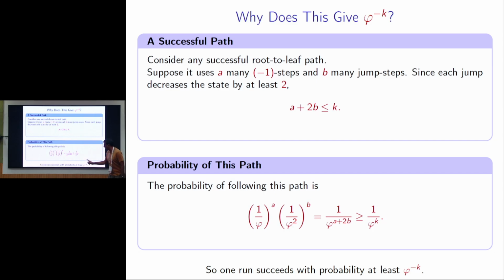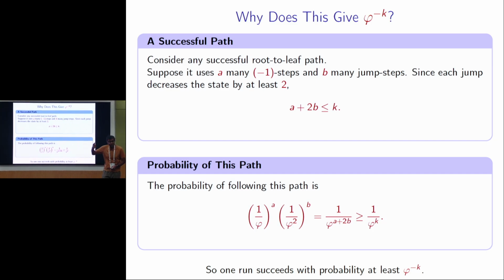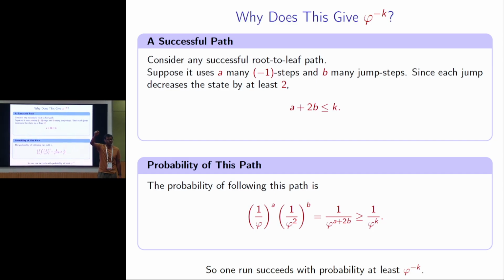Right? So one run succeeds with probability phi to the power minus k. Okay? So far, so good. If you notice, we got this 1.618 to the power k when we were doing this branching. You can actually recover the same thing.